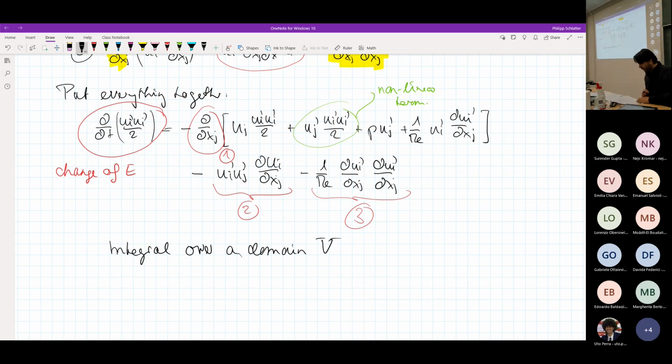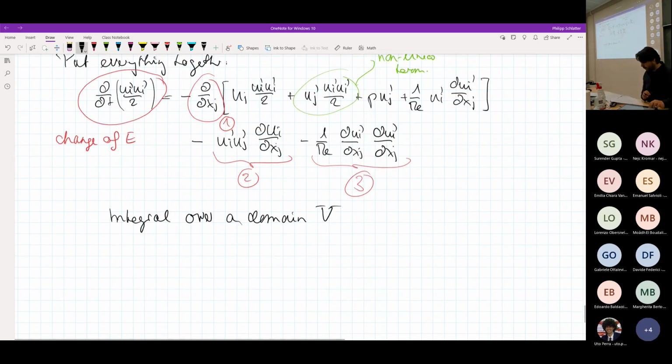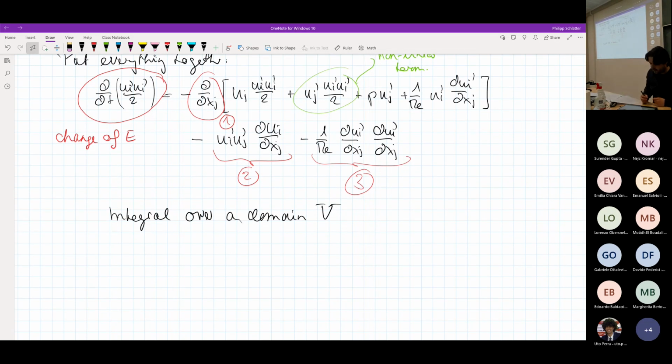What I will get then is my temporal change, so ddt of my integral of the energy dV. Right, that's the term on the left side. So this is essentially the change of the total kinetic energy contained in my volume. Right? So it's the volume integral of my local kinetic energy.